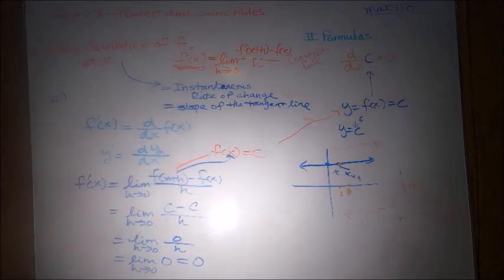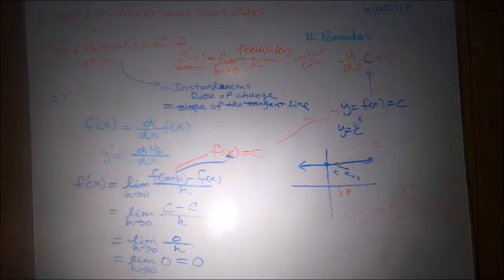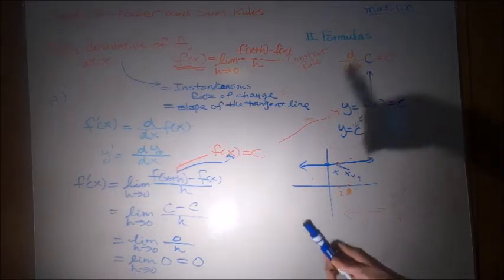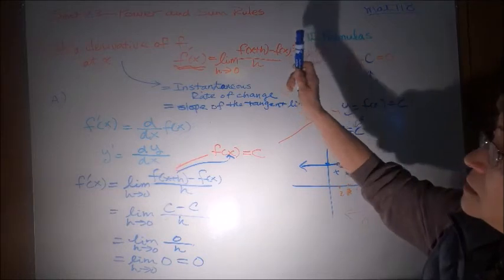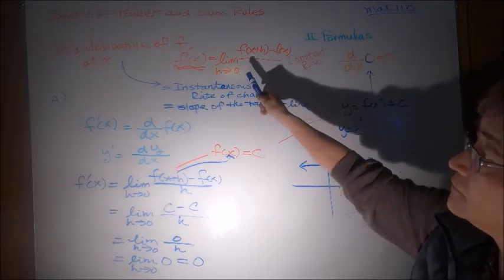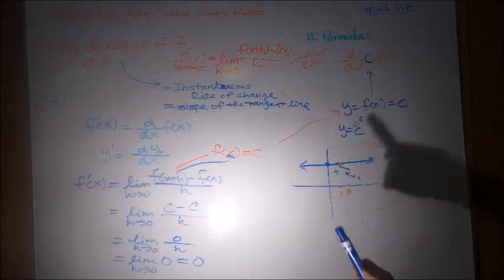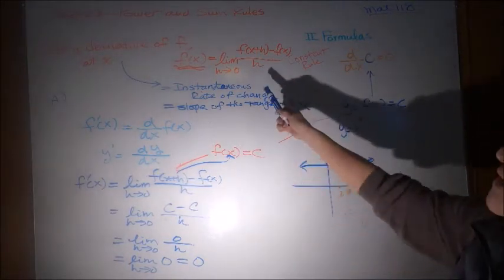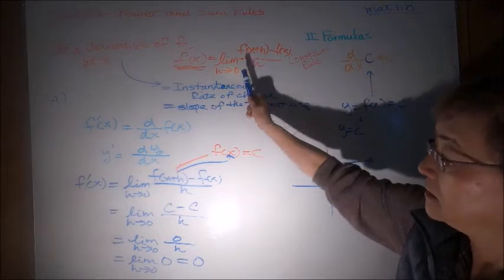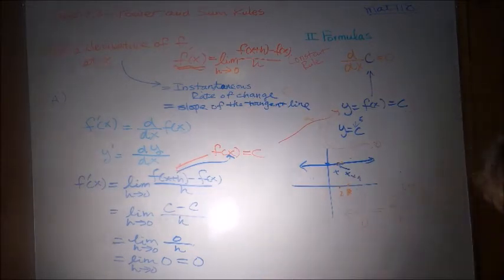Okay, so we use the original definition of the derivative, f prime of x. Then the result is 0.